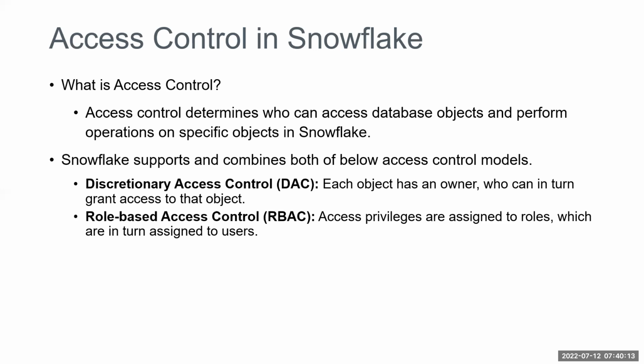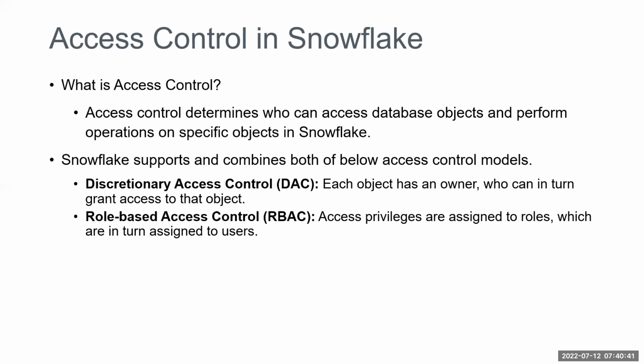Whoever is creating that object, database or schema or table, will be the owner by default. The owner can give access to other users for that object. So that model is called discretionary access control. Here the owner is main. Whoever is creating the table can grant the access to all other users.